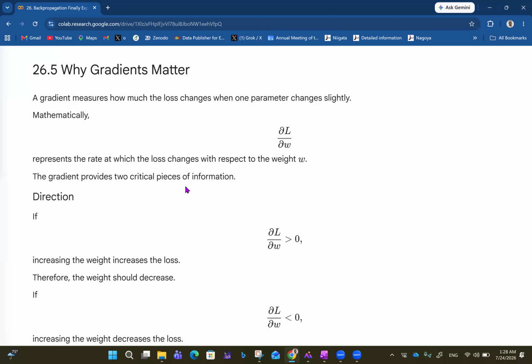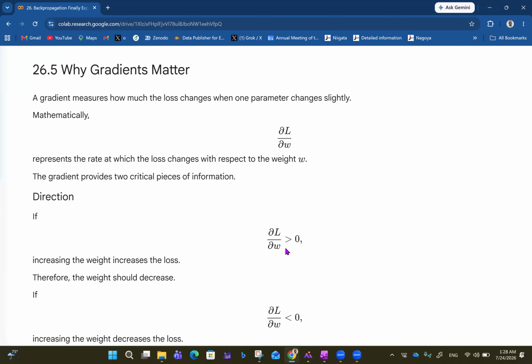The gradient provides two critical pieces of information. First of all, it tells us about direction. If ∂L/∂W, the rate of change of the loss with respect to the weight, is greater than zero, then increasing the weight will increase the loss also, right? Therefore, the weight should decrease.